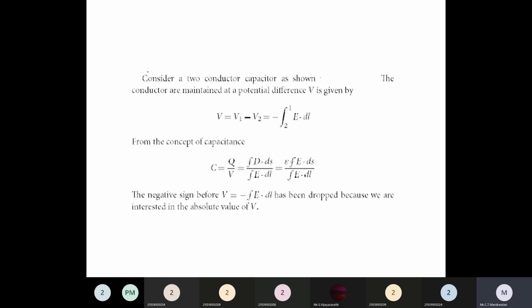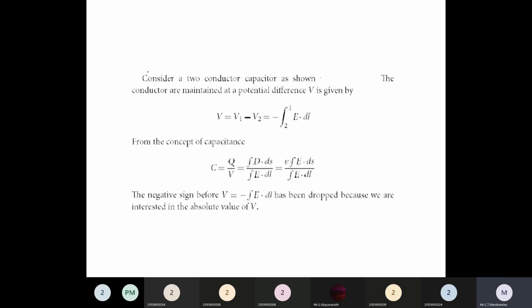Potential is V equal to the line integral of E dot dl. Here we neglect the minus sign, because we are interested only in the absolute value of V.